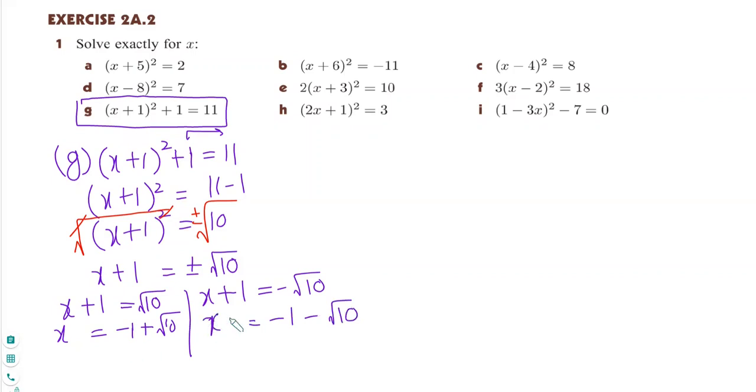Now using your calculator, you can find the decimal value of x, which is 2.16 in three significant figures, right? Okay, and what about this? This will be minus 1 minus square root 10, and it gives you the second value, negative 4.16.